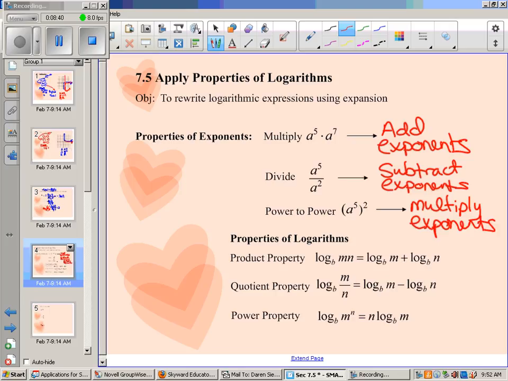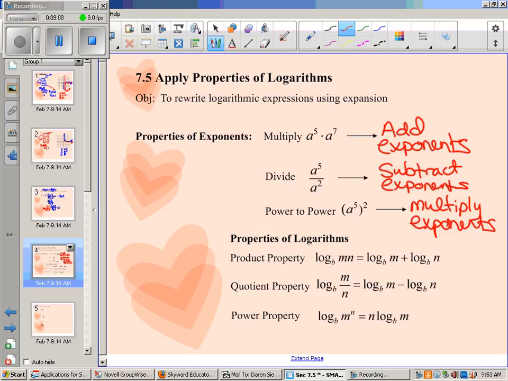What happens then with logs is we use that same basic concept. The product property for logarithms says if I'm taking the log base b of m times n, I take the log base b of m plus the log base b of n. If I'm dividing m by n, I take the log base b of m minus the log base b of n.